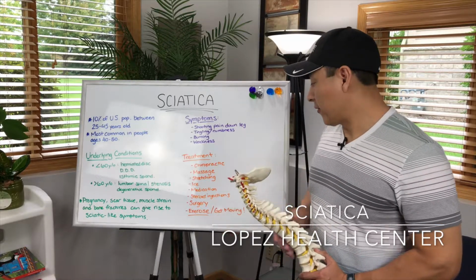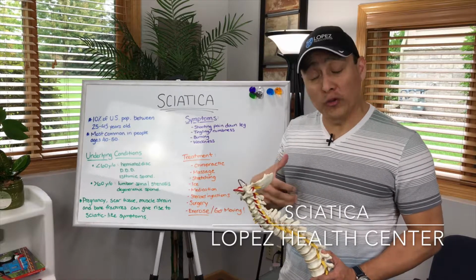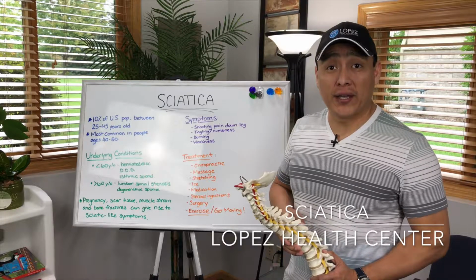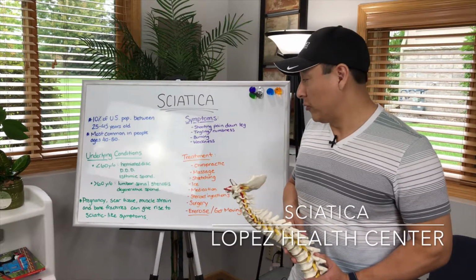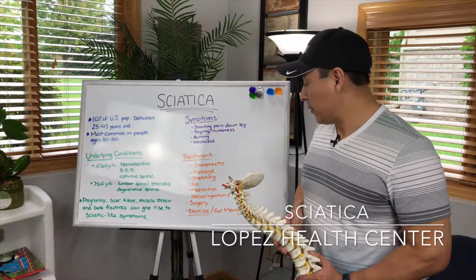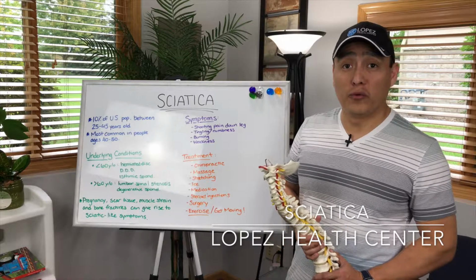Now I put down exercise here because most people tend to not do anything active during a severe case of sciatica, which is probably the right thing to do, just to relieve some of that stress that's built up. But overall, exercise is very important. It's very important that you start moving again.